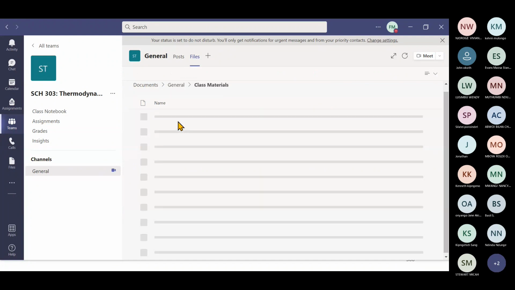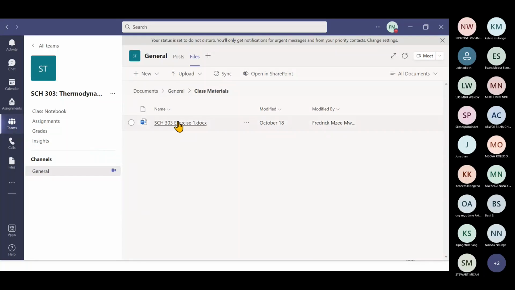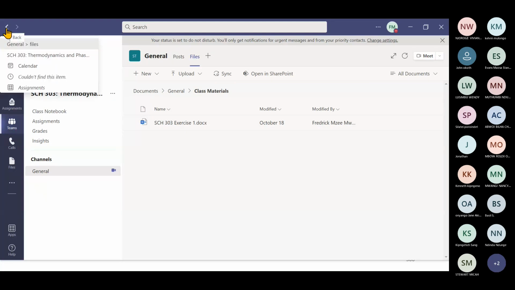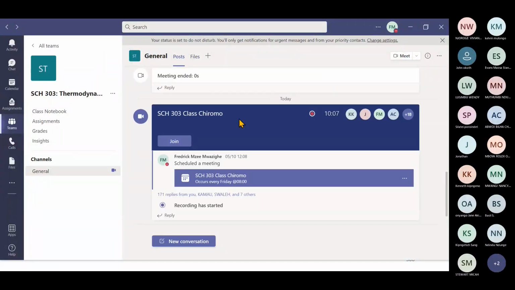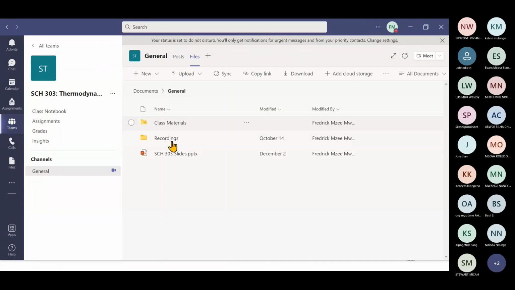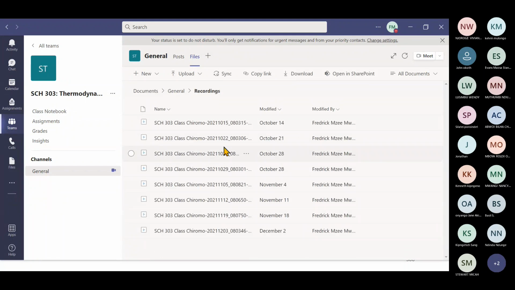I have not uploaded anything there apart from the exercise, but I stopped uploading here because the rest is uploaded on SOMAS. And then we have the slides, and we also have the recordings for the previous classes.